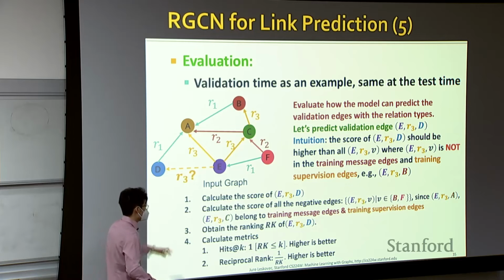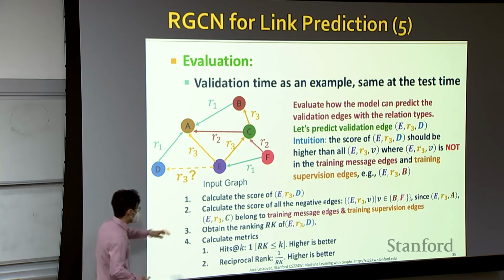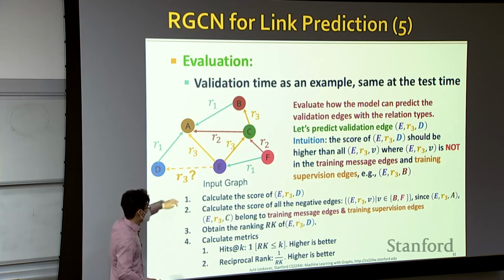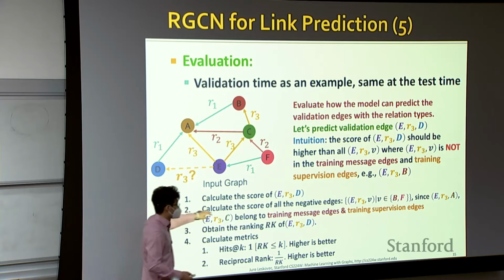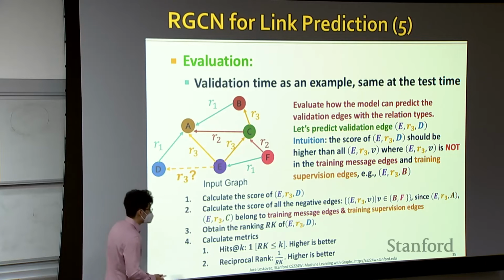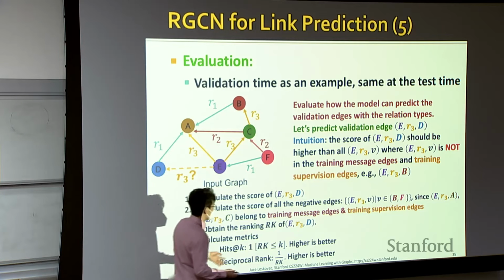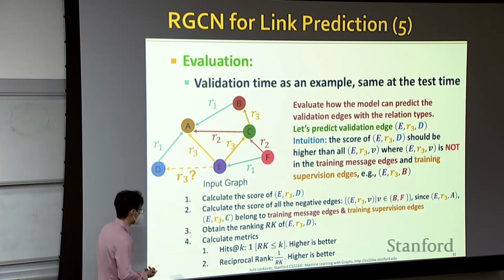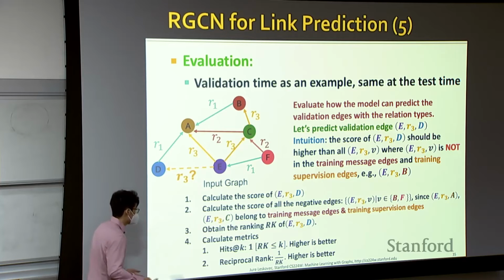So this is a specific metric that we want to report, let's say at validation time. First we calculate the score of the edge that we want to predict, (E, R3, D). Then we want to calculate the score of all the negative edges and use the same method we have just talked about: we corrupt one side of the edges, and this way we can get the negative edges and a score for each of them.